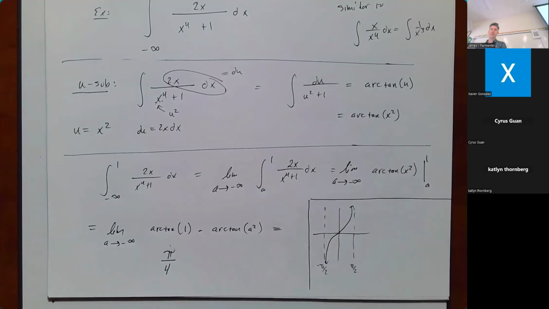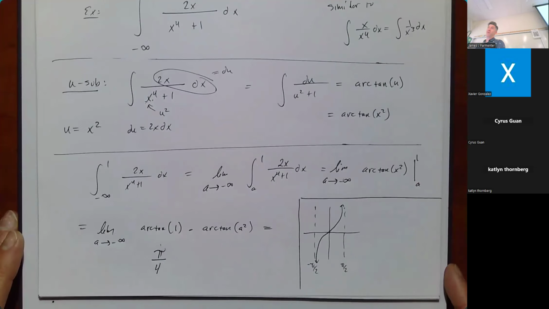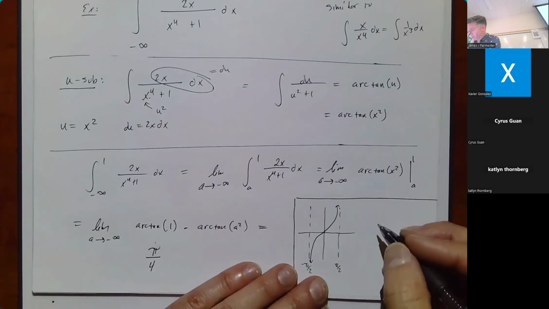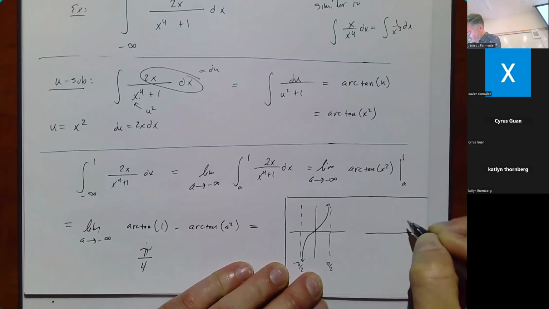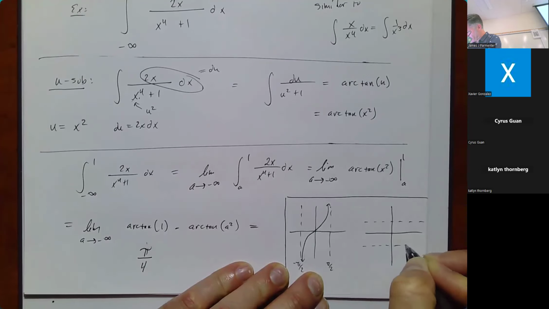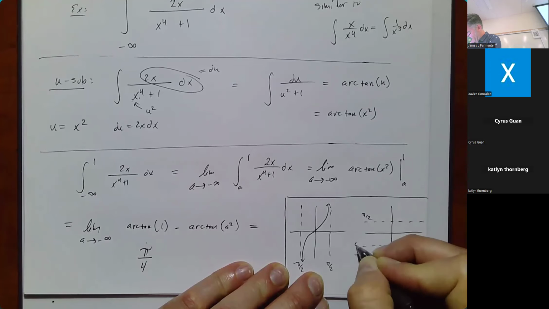So the inverse tangent graph, or the arctangent graph, you take that graph and you reflect it across the line y equals x, essentially interchanging all the x things and the y things. That's what happens when you interchange y and x. So instead of getting vertical asymptotes at negative pi over 2 and pi over 2, we're going to get horizontal asymptotes at pi over 2 and negative pi over 2. And the graph looks like this.